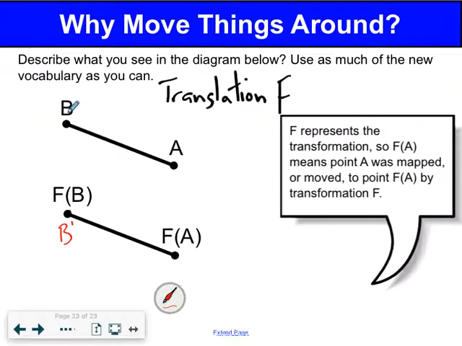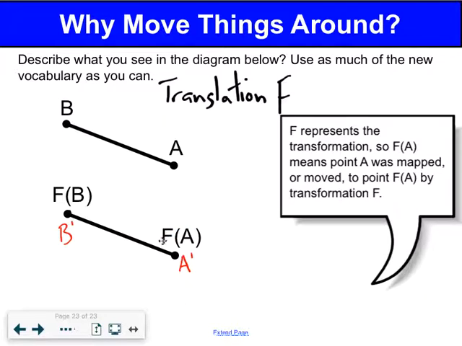So you have B, the original point, and B prime after it's translated, and this would be A prime. But it's important to know that if you see F and parentheses A, they're saying this is the new A, and it got here by being translated by translation F.